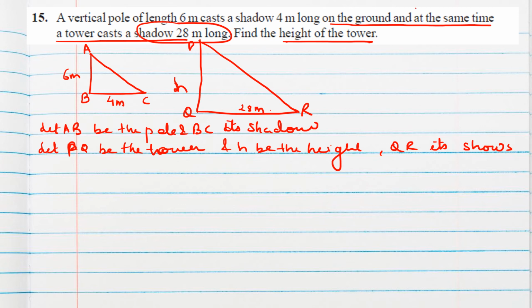Now at the same time they are making angle on the ground. So that angle will be equal because it is at the same time, and since they are vertical on the ground, they make a perpendicular angle with the ground. So by these two angles being equal, we can prove both the triangles are similar by AA criteria. So consider triangle ABC and triangle PQR.